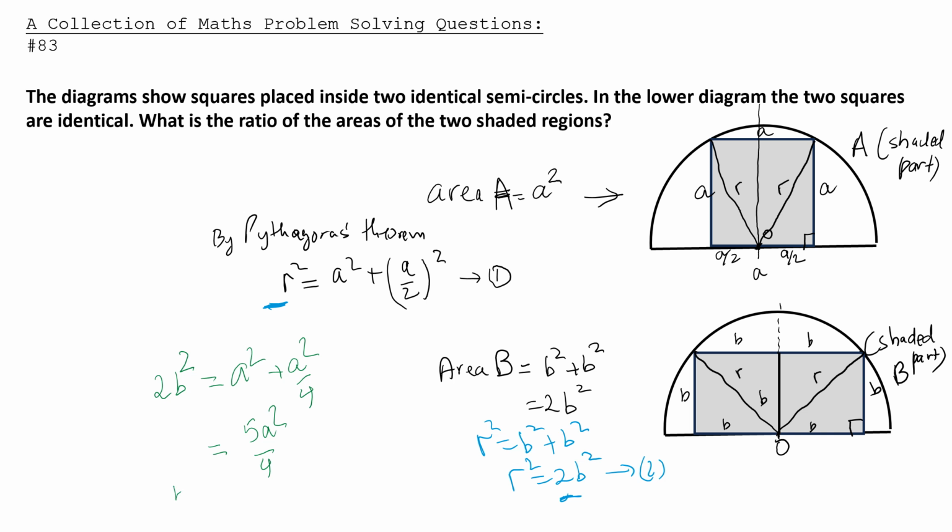Or we can say B square is 5A square out of 8. That's what we get as B square. So the ratio of the areas, or do we have to do that?